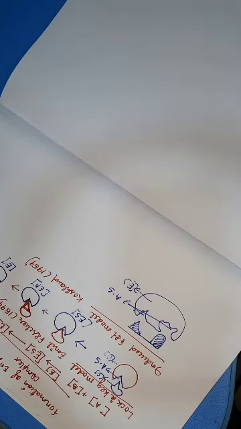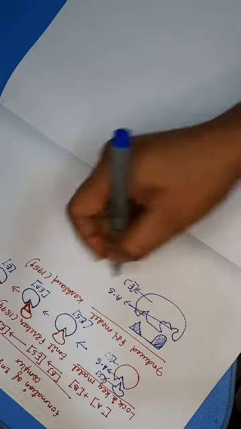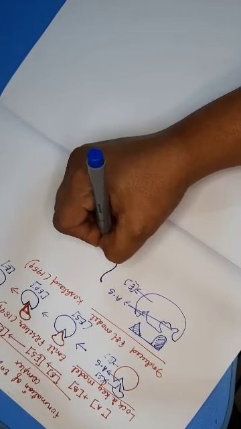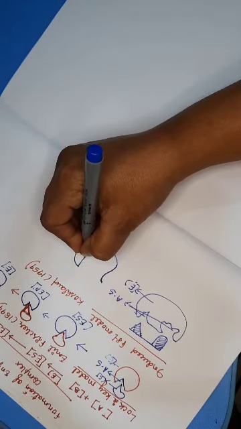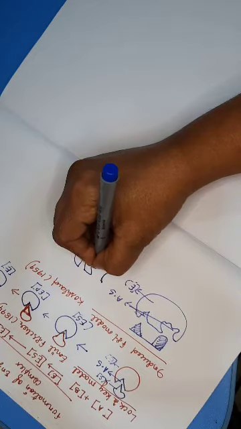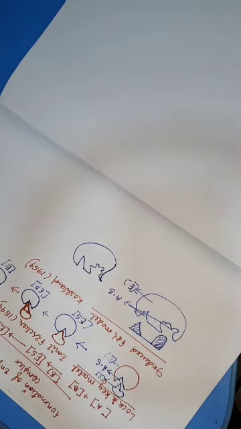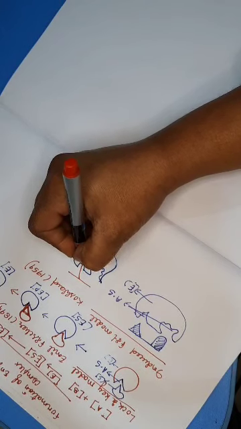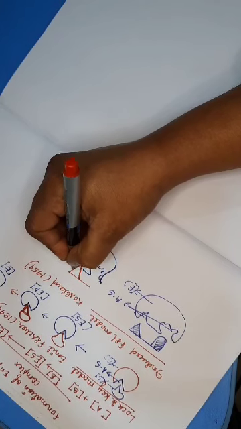So in the next step, the first part of the substrate has to bind to the enzyme in a specific way so that it brings the conformational change in the second part. So suppose the first part of the substrate is now binding to this particular area.